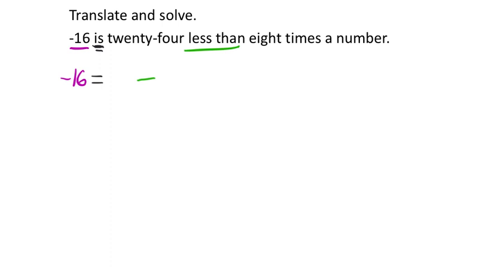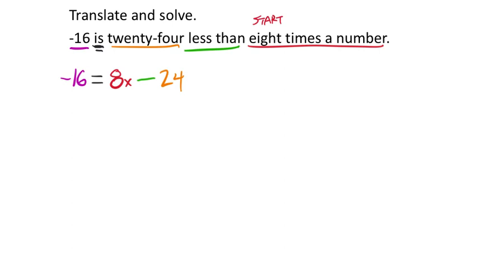Okay, so again, since it's a "less than" statement, we've got to be careful with what we're starting with, right? So it's less than what you start with, and so this is what we're going to start with right here. And that is 8 times the number. So 8 times the number I'm going to show is 8x. Then it's 24 less than that. So that's where the 24 comes in, 8x minus 24. Now, if you make a mistake, if you had written those backwards or misplaced the x, that happens since this is new.